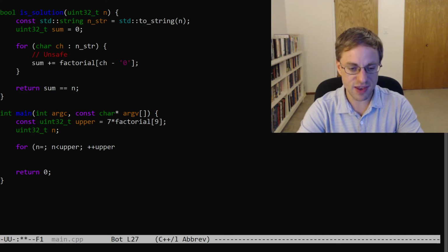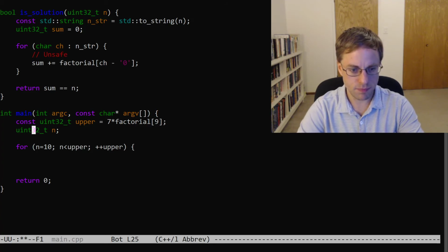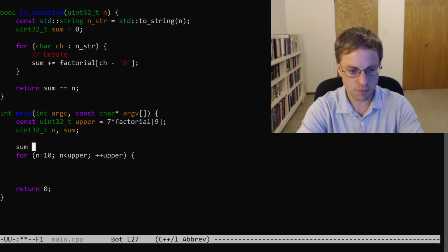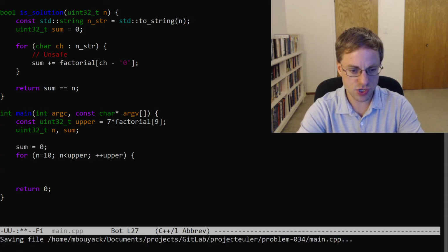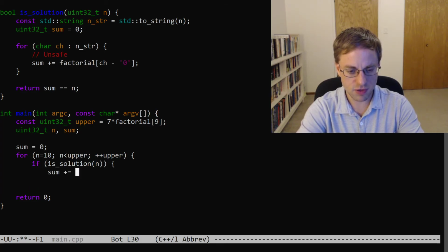The problem specifically said not to consider single digit integers, and so we want to start at 10. As before, initialize our sum to 0. And we'll say if is solution n, sum plus equals n.